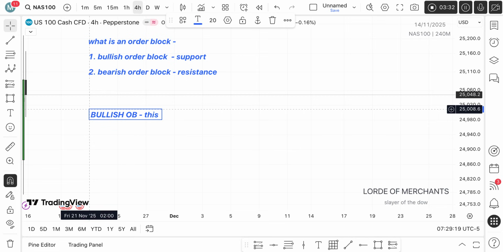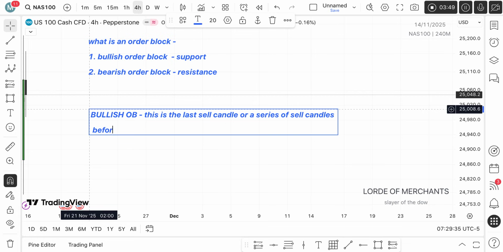This is the last sell candle or a series of sell candles before an aggressive momentum to the buy side that leads to a liquidity sweep.